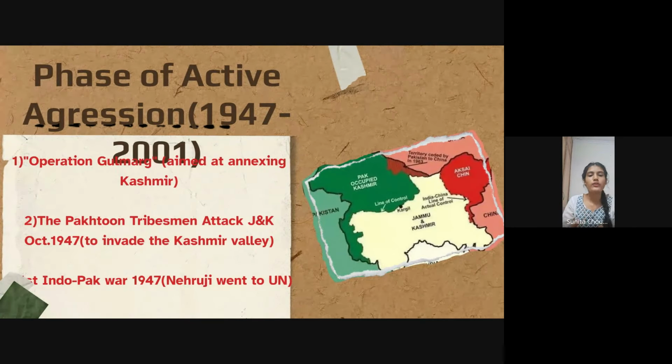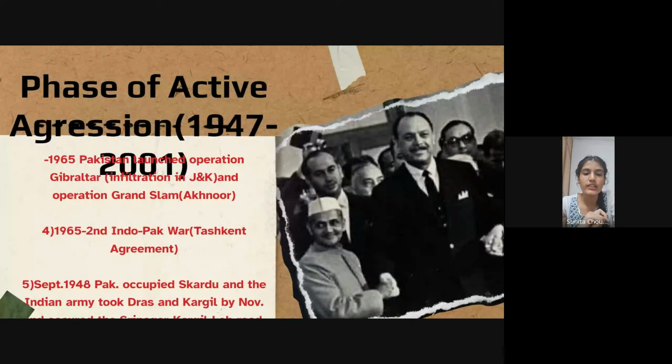That's how the first Indo-Pak war happened in 1947. During this phase, Nehruji took the Kashmir issue to the United Nations Security Council, and that's how the issue got internationalized. After that, the United Nations announced a ceasefire in the region. Here the concept of the ceasefire line came, which was later defined as the Line of Control.